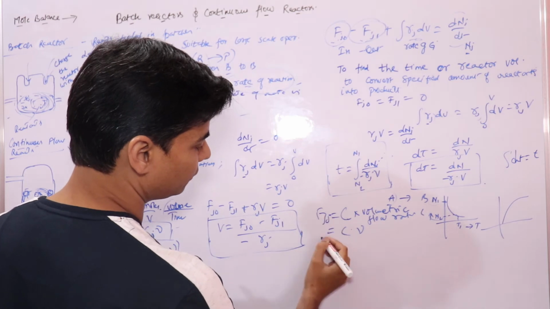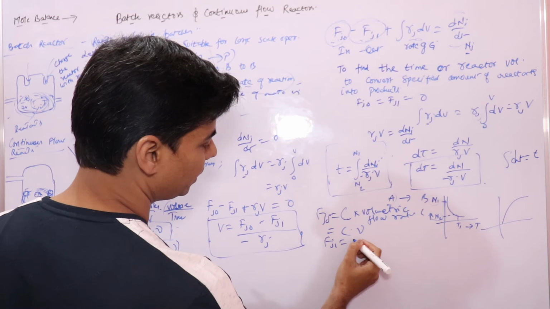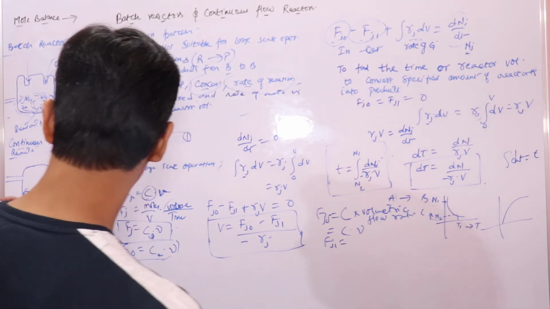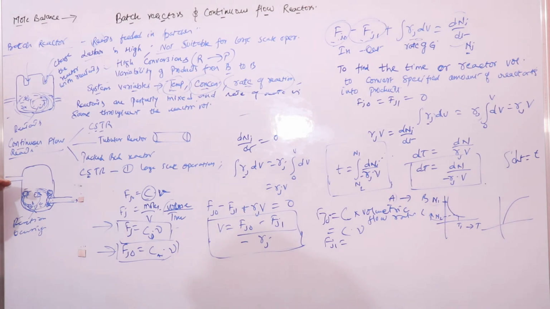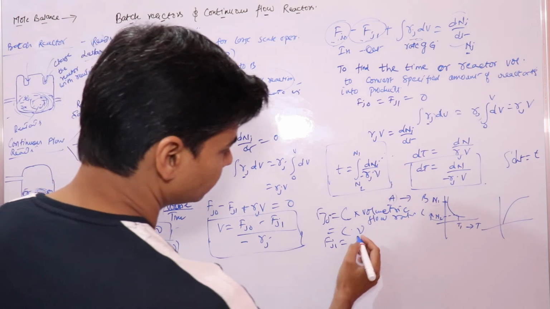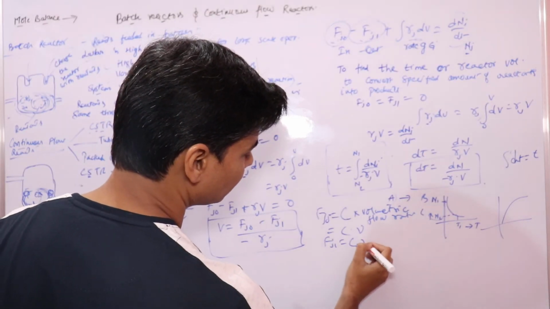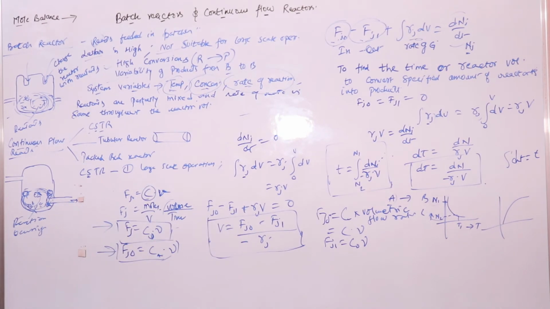This is your Fj0. Similarly, for Fj1, the concentration would be Cj from here. It means the flow in is Fj0 and the flow out is Fj1. This is flow in, with C0 and then nu. If you put all these values here, you will get the volume expression in terms of concentration. So I hope this is clear.